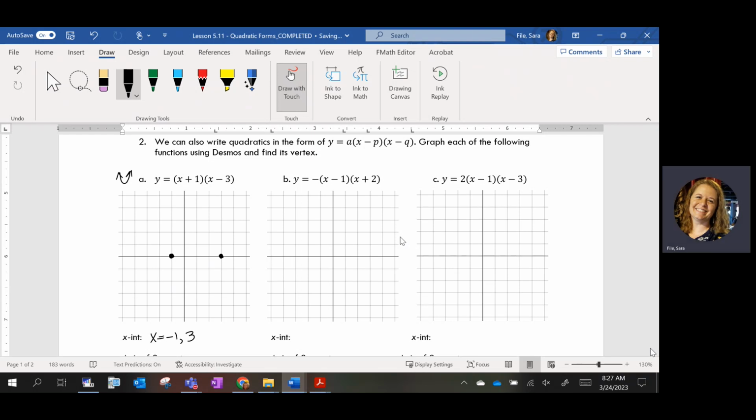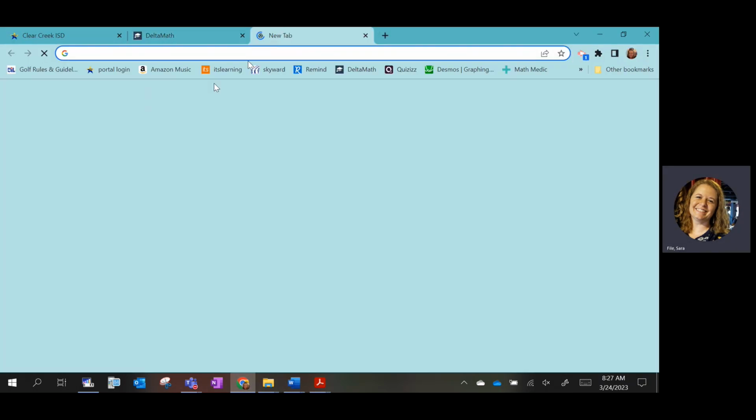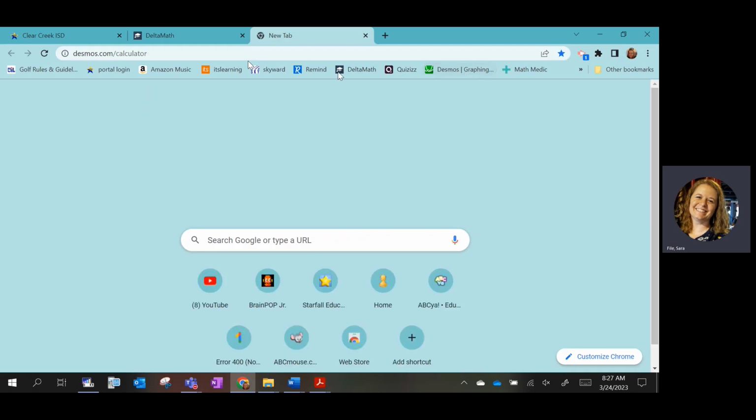Now, if I want to know my vertex, we haven't reviewed doing that from this form yet, so that's why it says using Desmos and find the vertex. I was going to say I'll save us some time, but it won't take long to show you.